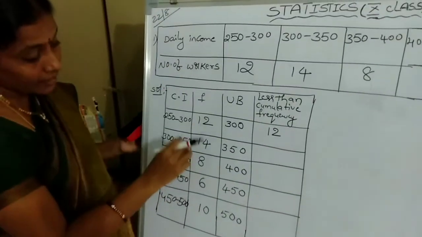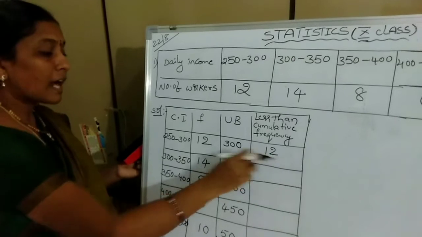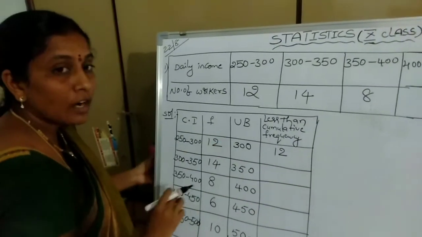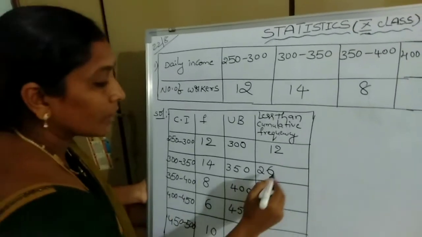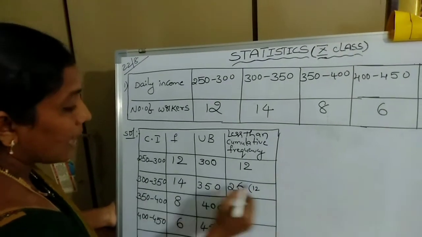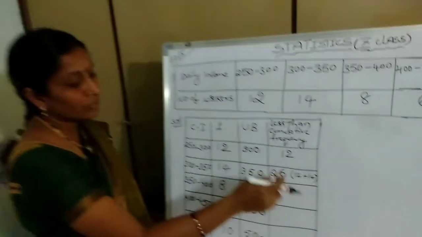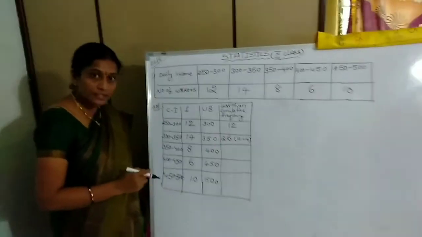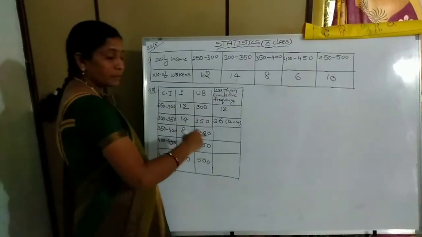The second class frequency is 14. By adding these two numbers, we get 26. The first frequency is 12 and the next is 14; by adding these two we get the next cumulative frequency. Cumulative frequency means adding the frequencies of the previous classes.